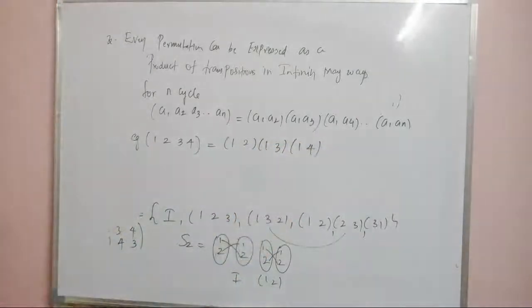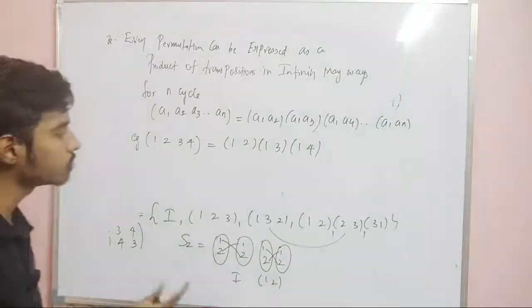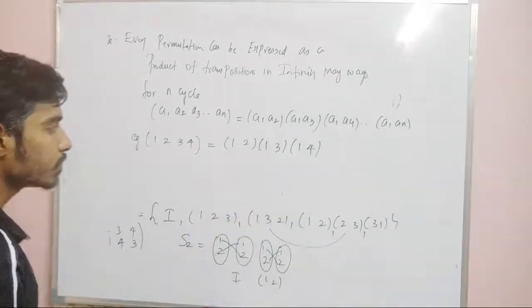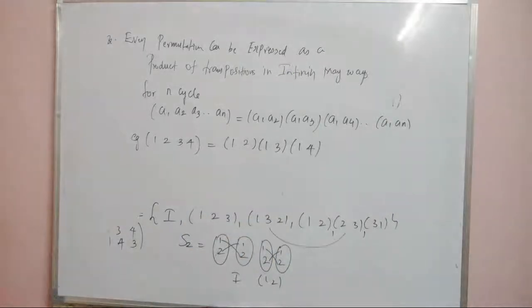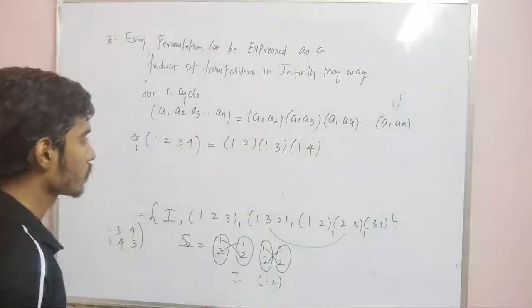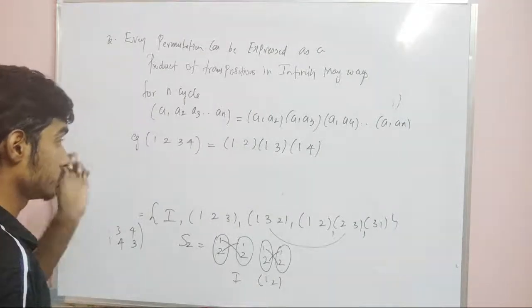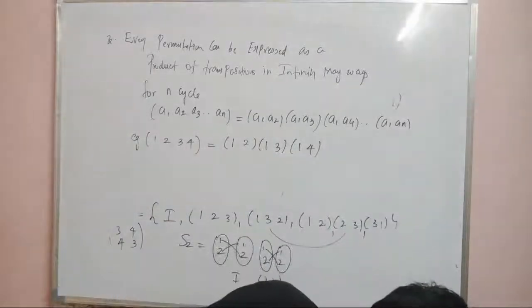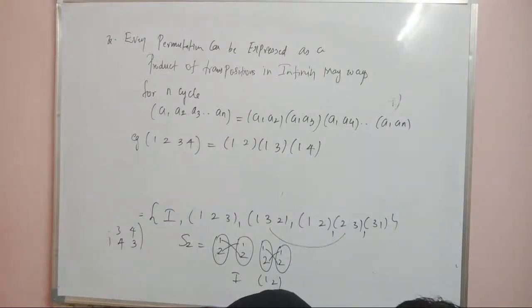Both are the same. So every cycle can be expressed as a product of transpositions. We have defined transposition, disjoint cycles, inverse, and we have defined this result also.